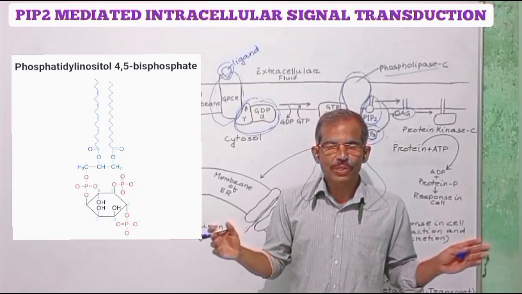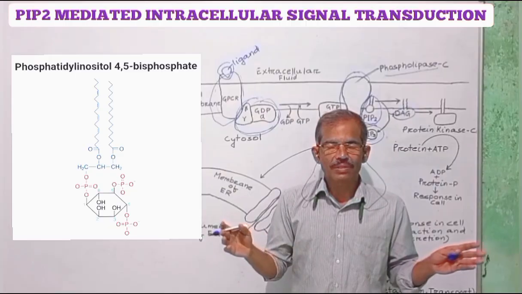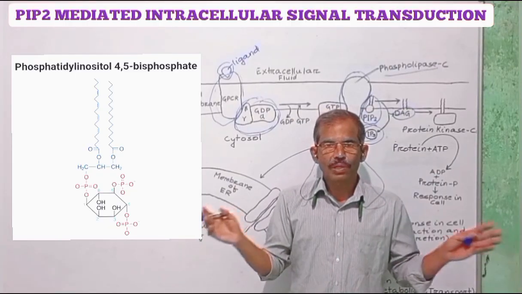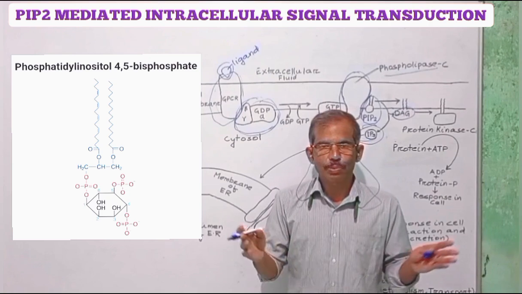PIP2 is the substrate for a number of important signaling proteins. It also forms lipid clusters that sort proteins.